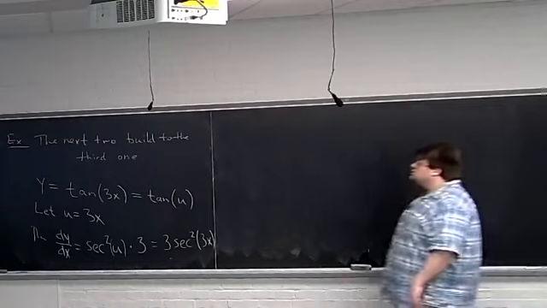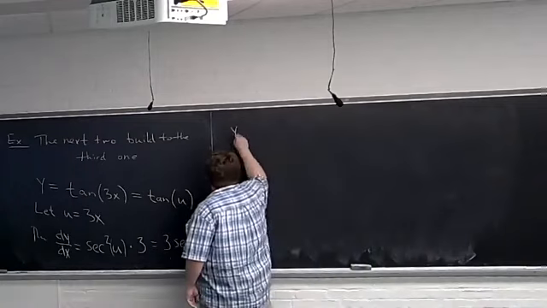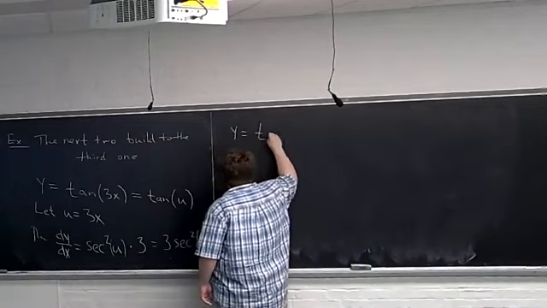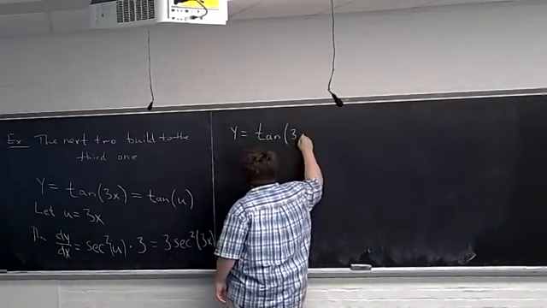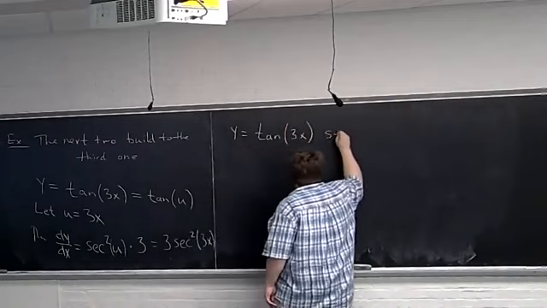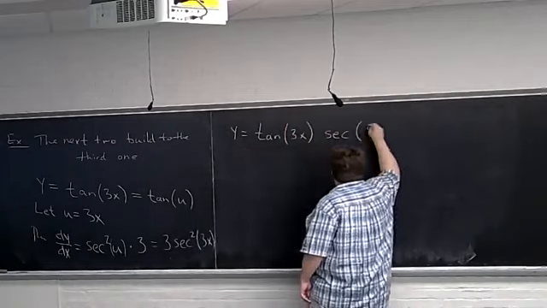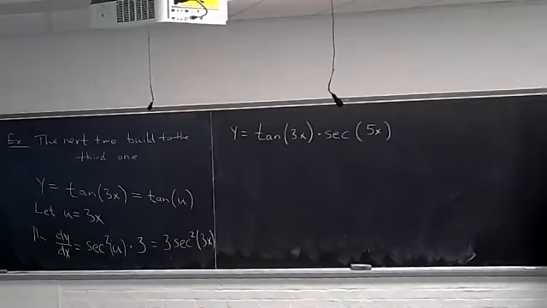Okay, next, let's do this one. Find dy dx here. Tangent of 3x times secant of 5x.